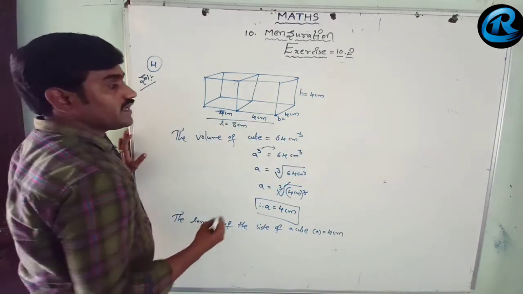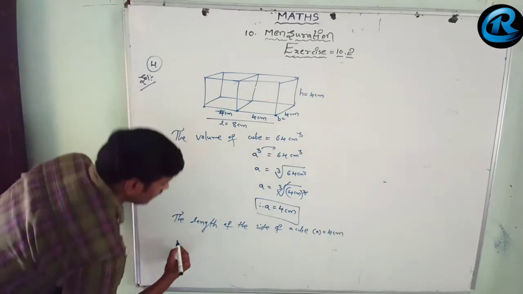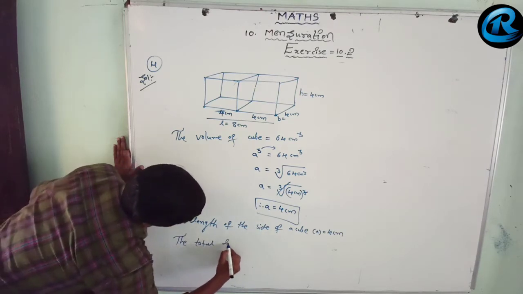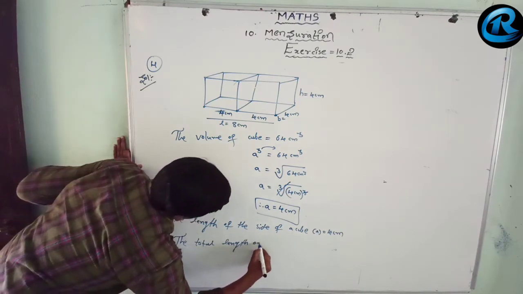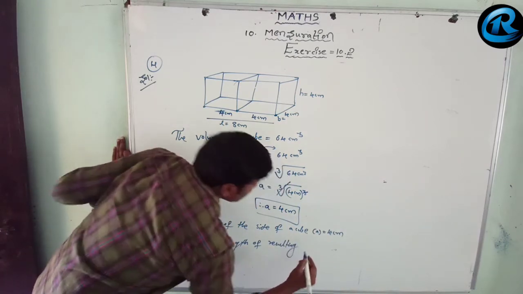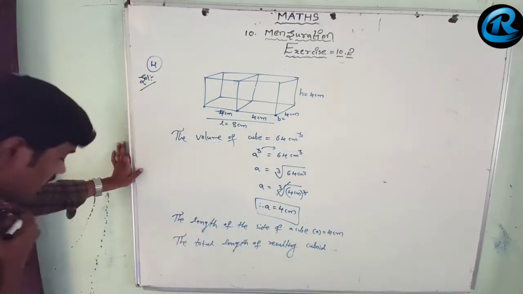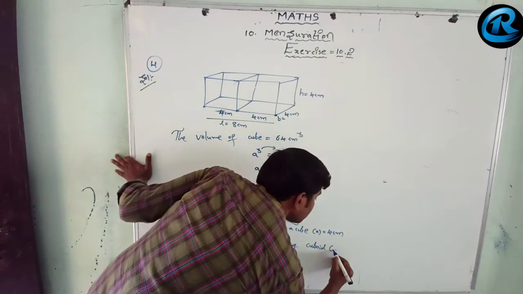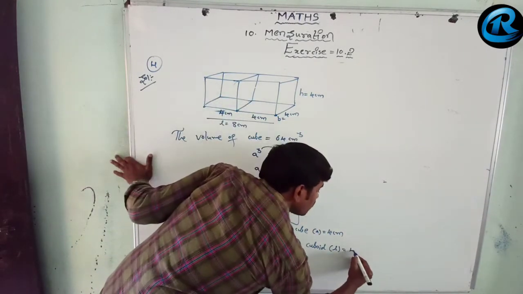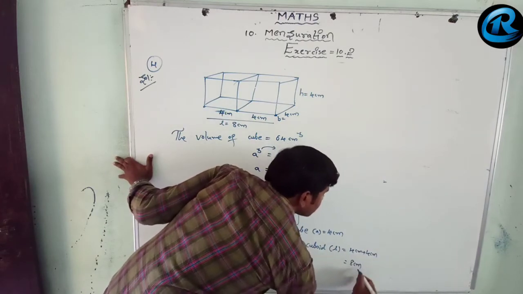Then the total length of the resulting cuboid, L, equals 4 centimeter plus 4 centimeter, that equals 8 centimeter.